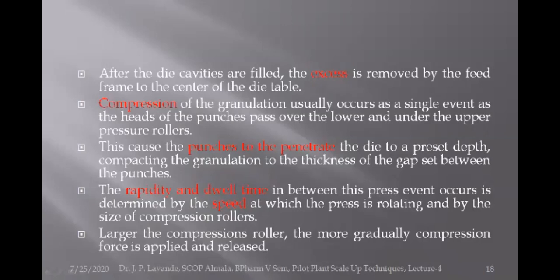The adjustment of the punches determines the die capacity, and it is preset, but can be adjusted based on the requirement, compacting the granulation to the thickness of the gap set between the punches.